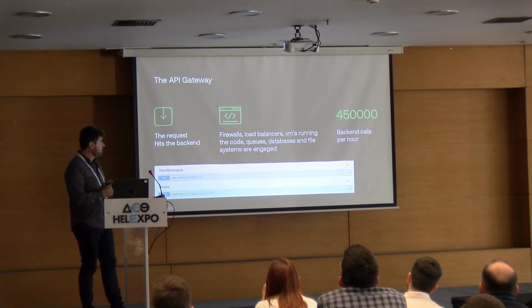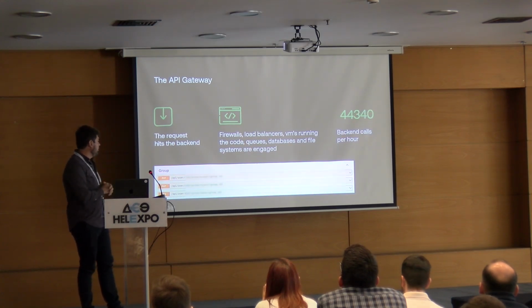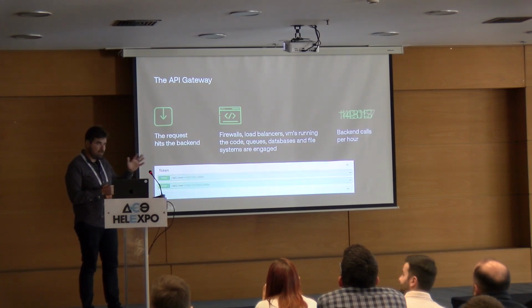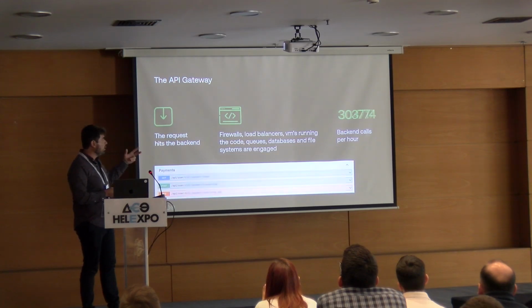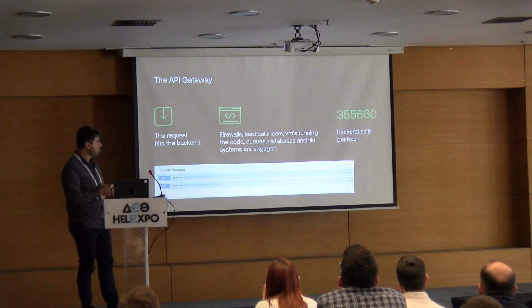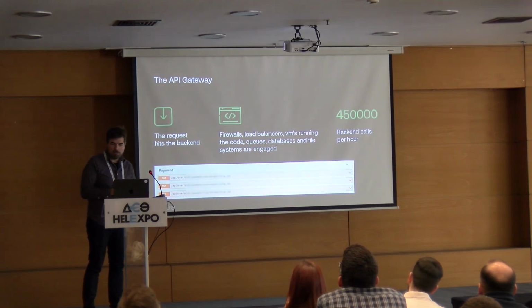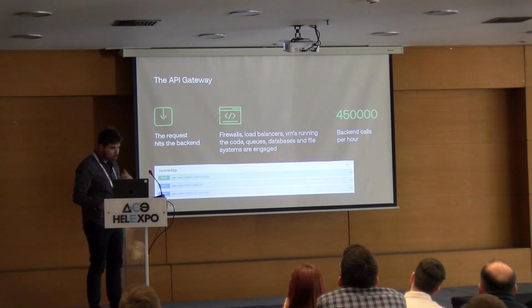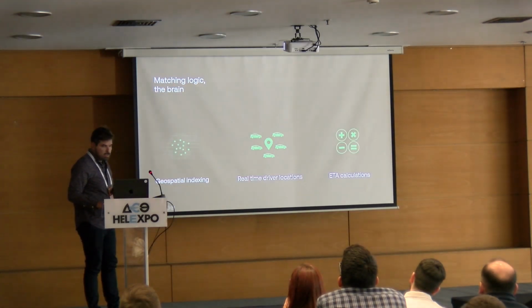And on screen, as I talk, you can see a small portion of the API that is implemented both for driver and passenger in order to be able to handle both requests. And of course, a counter of the backend calls that we have per hour in a normal hour of operation. So as you can understand, it's a pretty complex system.